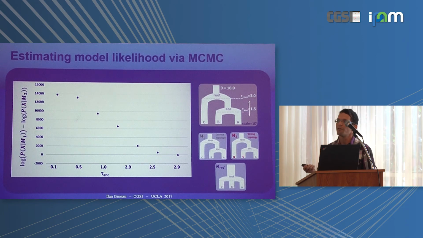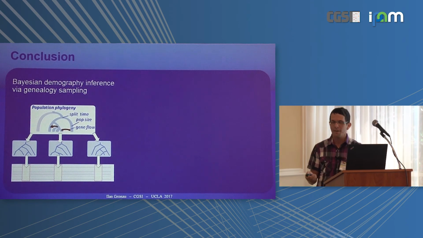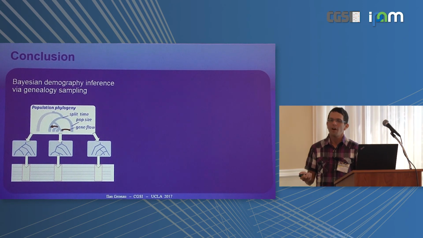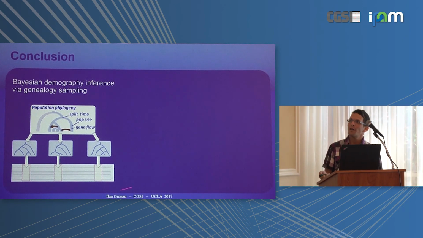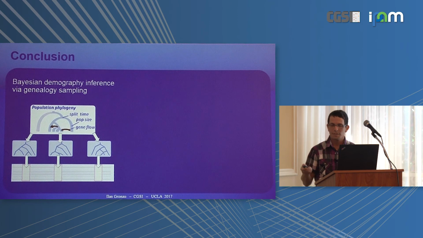So just to conclude what you saw in the past 45, 50 minutes, we talked about Bayesian demography inference and why it's sometimes really useful to think about these genealogies in the middle. There are a suite of methods that use this to solve these cool problems.